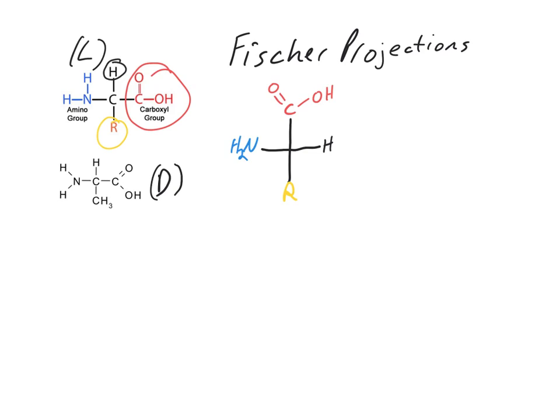All right, so I'm assuming you've worked through it a little bit. Let's try it together. So the first thing you want to do is start by making your crosshairs. So we'll draw it like this. Now, just like before, the most oxidized carbon is this one here. All right, and we said that the most oxidized always goes on top. So we'll put that on top.